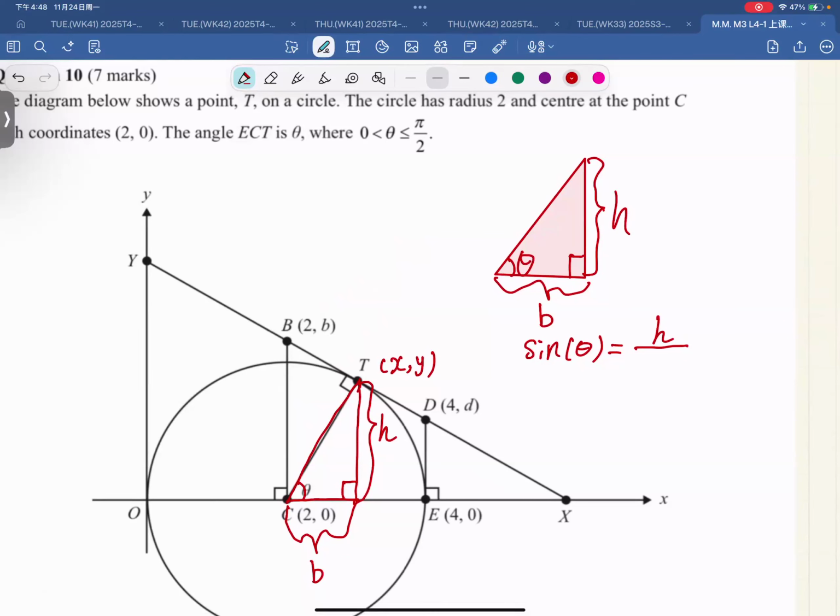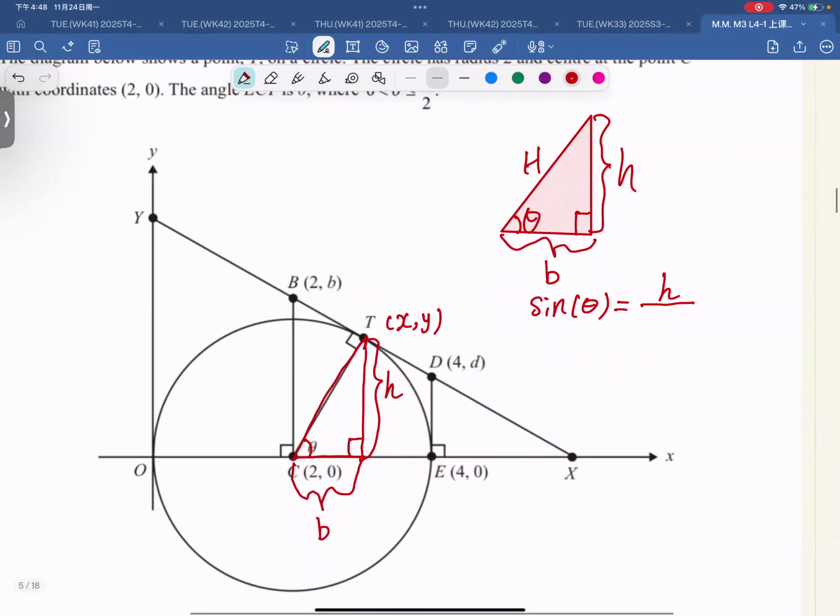No. Is h the hypotenuse? No. So this is the hypotenuse. So can we find the length of the hypotenuse?